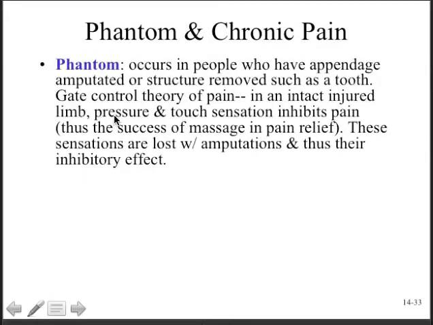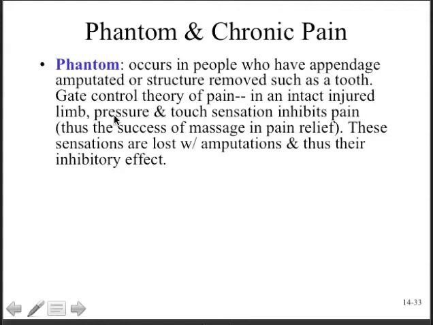Phantom pain occurs in people who have an appendage that's been amputated or a structure that's been removed like a tooth. And the reason that we sometimes interpret pain as coming from the missing appendage is that in an intact injured limb, pressure and touch sensation is thought to inhibit the pain pathway up to the brain. And this is one of the reasons why rubbing a wound makes it feel better.